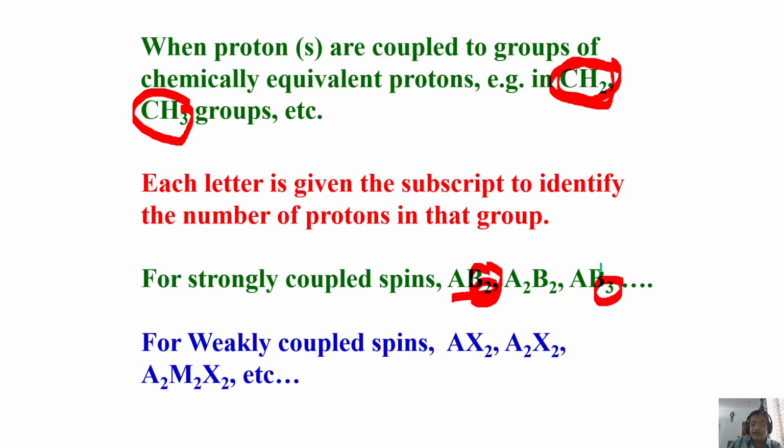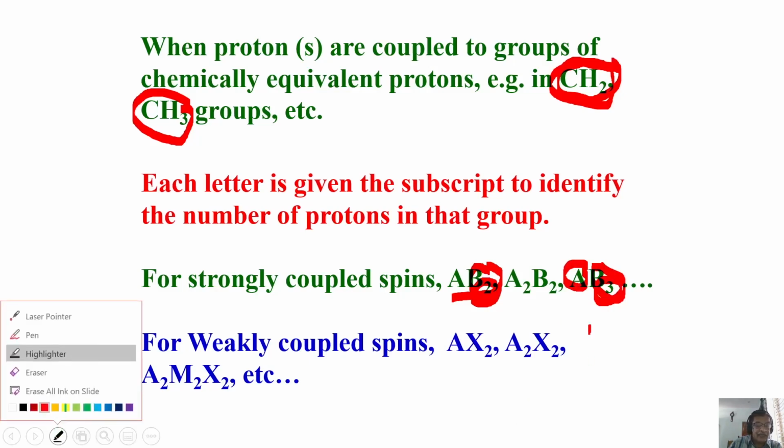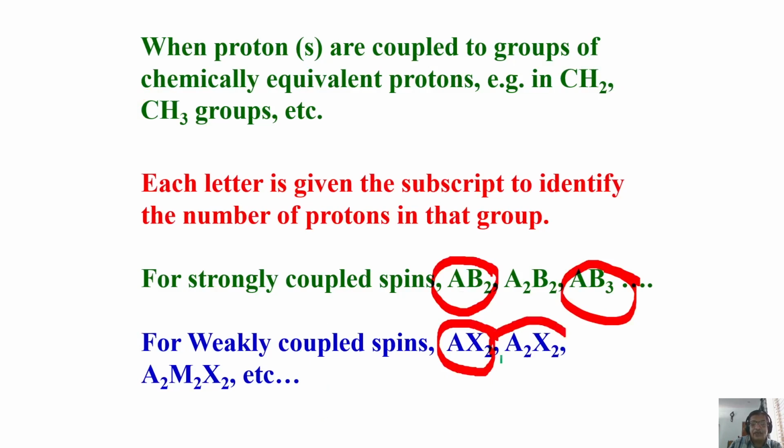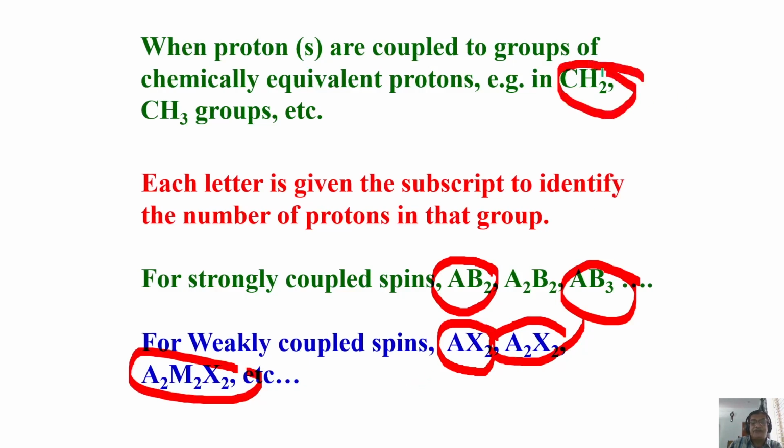For example, take this as a CH3 group or CH2 group here. For the weakly coupled case, you write it as AX2, A2X2, A2M2X2 like that. So there is no prime notation here. This is equivalent spins in a group.